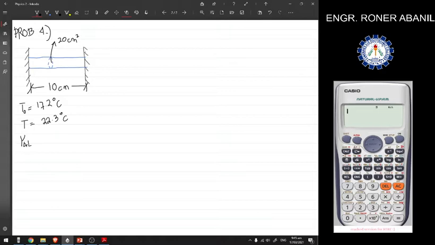No? Ang Y ng aluminum kasi is 7.0 times 10 raised to 10 Pascal. Ayan. So, meron naman tayong alpha ng aluminum na 2.4 times 10 raised to negative 5 per Kelvin.